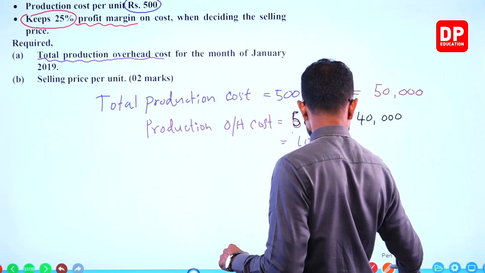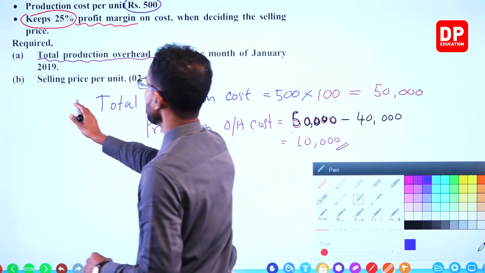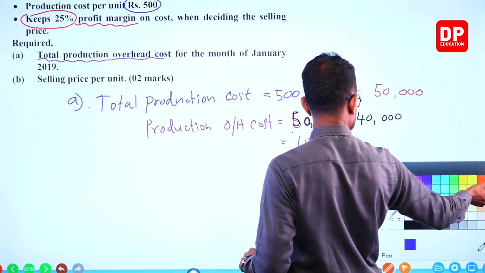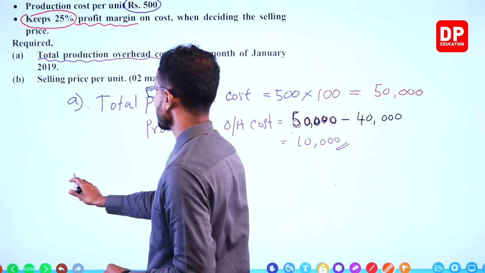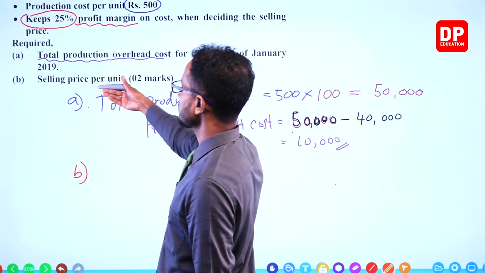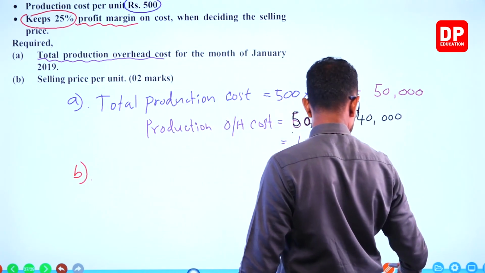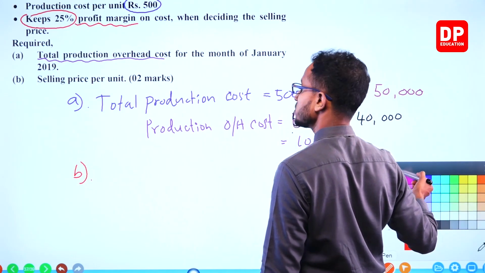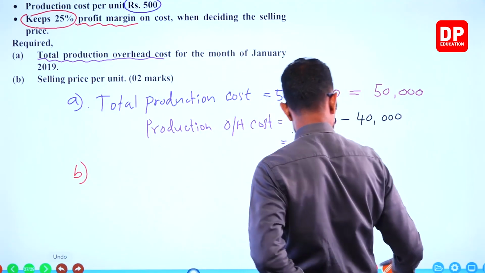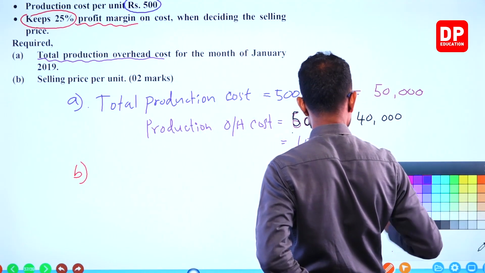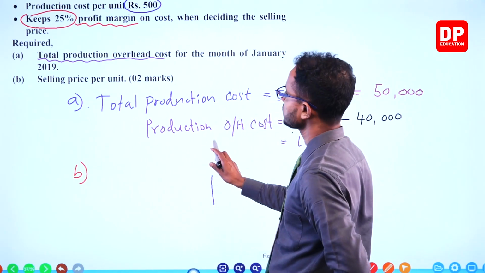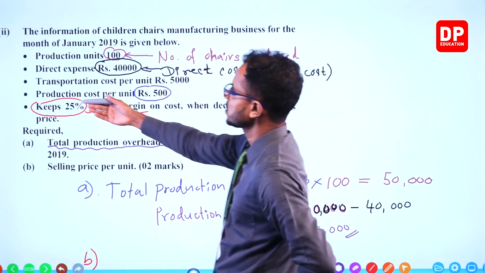First, this is A, and now we are doing B. Selling price per unit. Let's take the unit cost. How much is the unit cost? Unit cost is this.